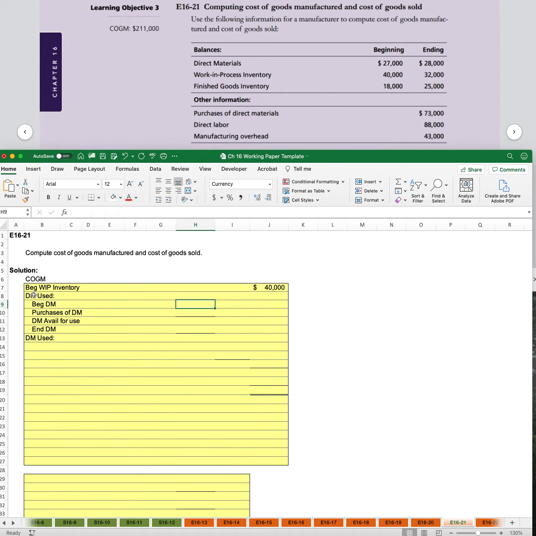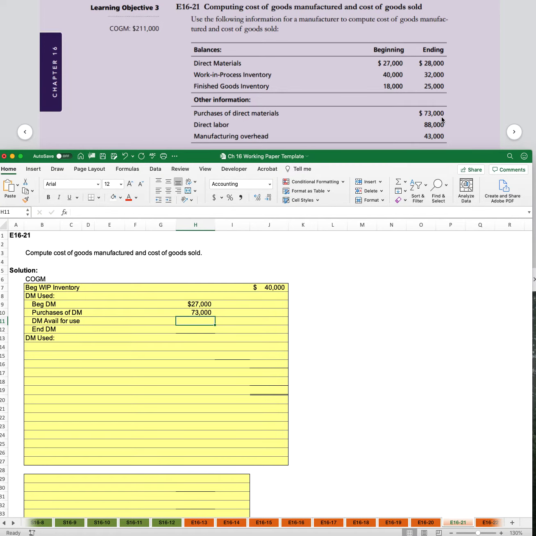And I'm going to go into H so that we can use column I for our subtotal here when we get to direct materials used. So for beginning direct materials, I'm in column H, and we have beginning direct materials of 27,000. Then this additional information has told us we purchased 73,000.